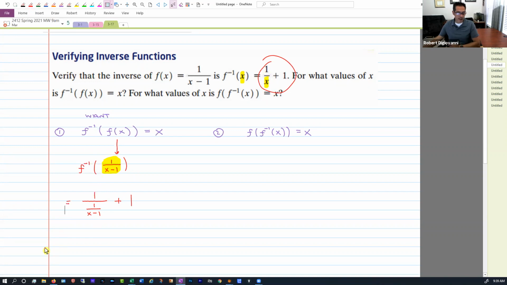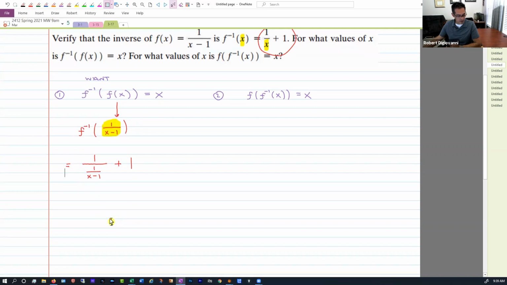And what I'm hoping is that this turns out to be x. Does it? Well, if you have 1 over a fraction, can't you just flip the fraction over? So that just turns into x minus 1 over 1, plus 1.